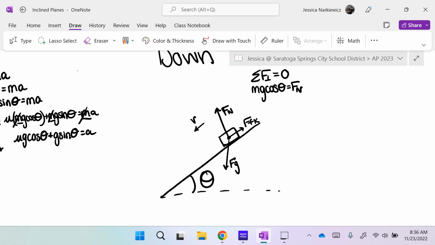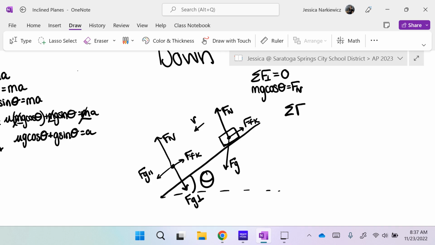I should probably draw my component diagram, right? There's Fg perpendicular, Fn, Fg parallel heading down the incline. Fg parallel is always going to point down the incline. Just the force of friction might change, depending on the motion.